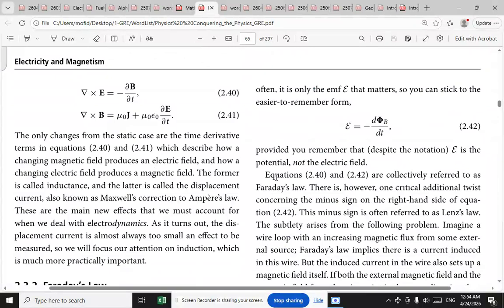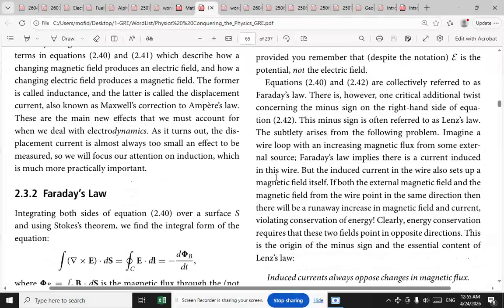These are the main new facts that we must account for when we deal with electrodynamics. As it turns out, the displacement current is almost always too small an effect to be measured, so we will focus our attention on induction, which is much more practically important.